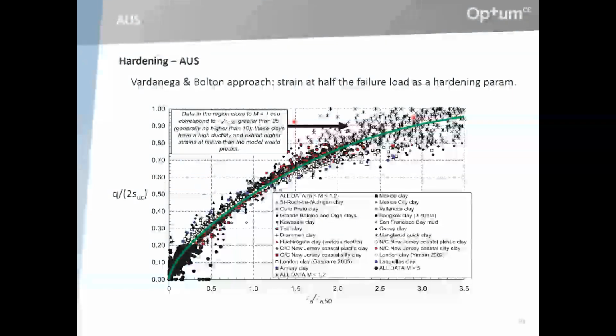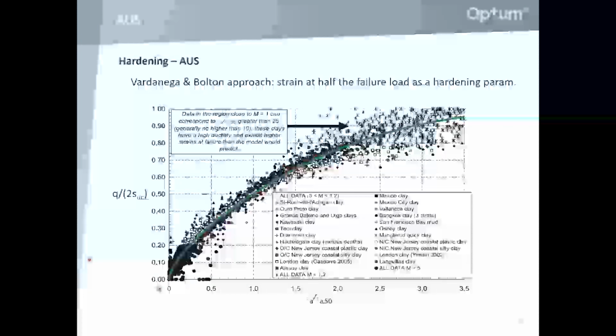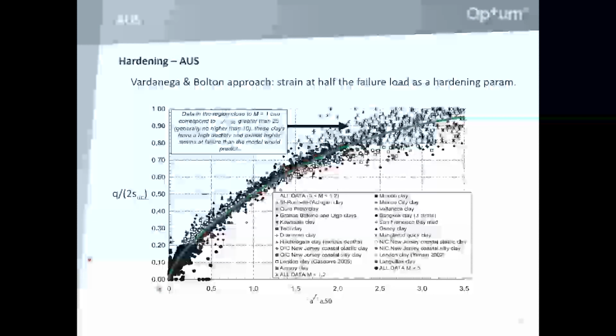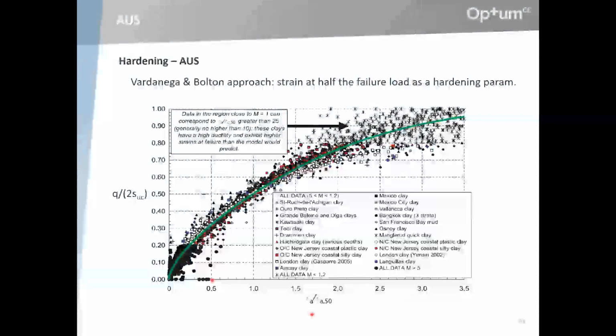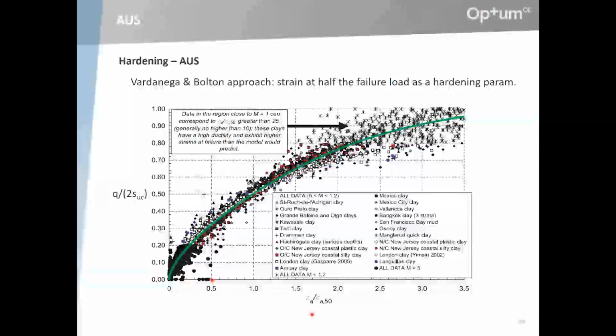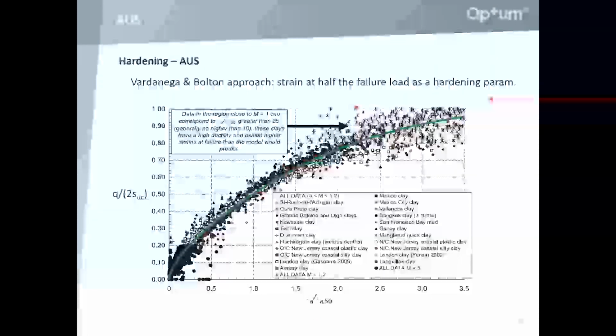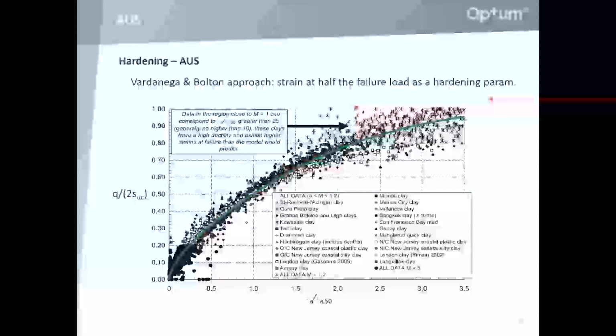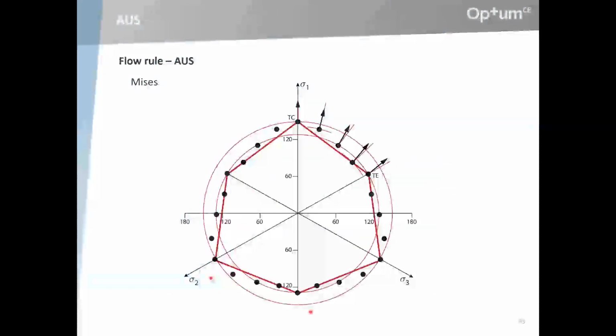They've taken a huge bunch of triaxial compression stress strain curves, and then they showed that if you normalize the deviatoric stress by the undrained shear strength and normalize the axial strain by the axial strain halfway to failure, then these data tend to fall on more or less, not exactly a unique line, but there definitely seems to be a trend. And it's this trend that the hardening law we use in the AUS model reproduces. So one of the hardening parameters is this axial strain at half the strength.